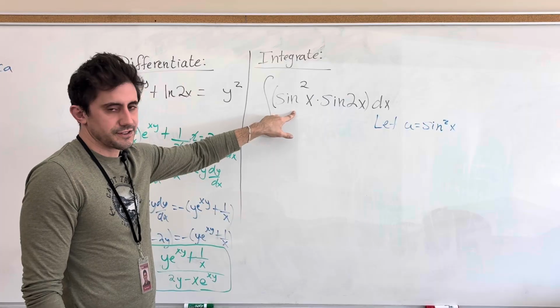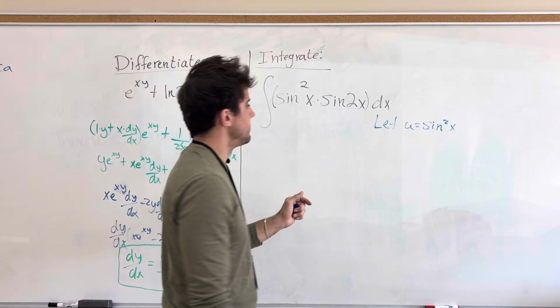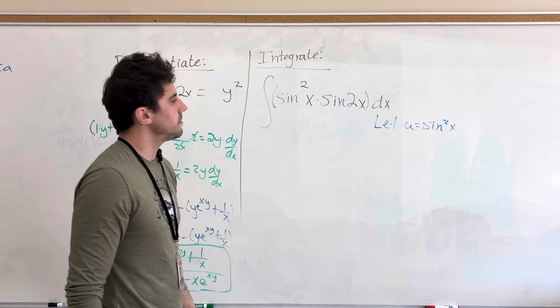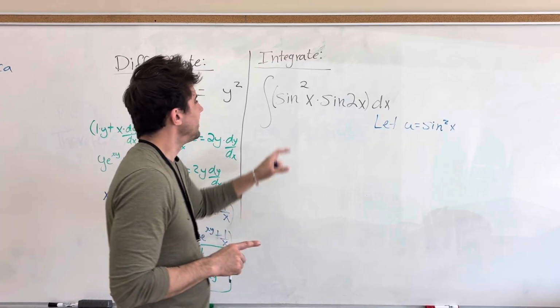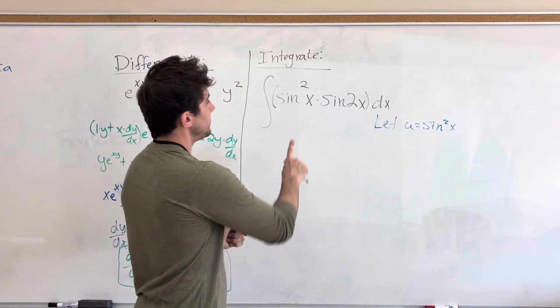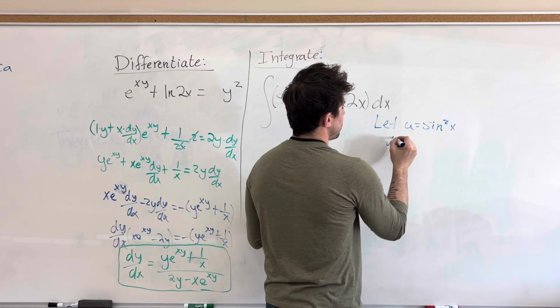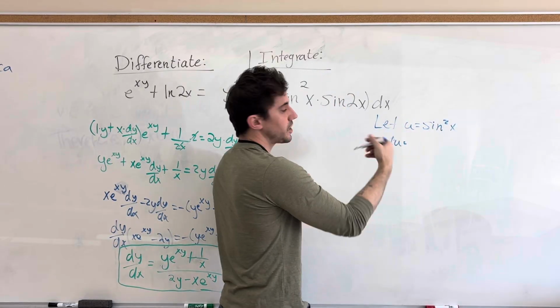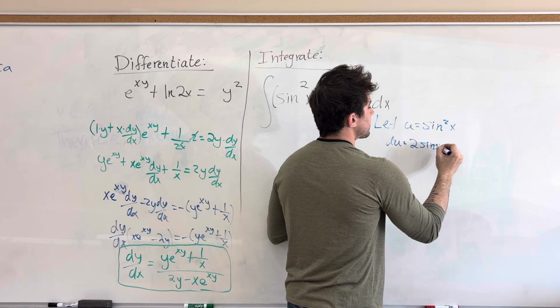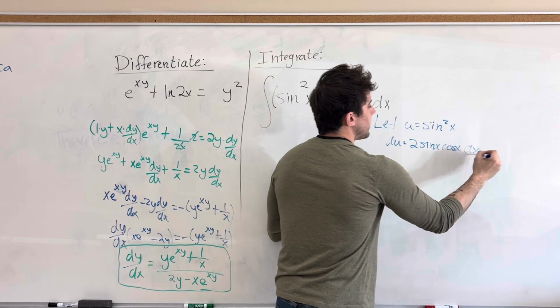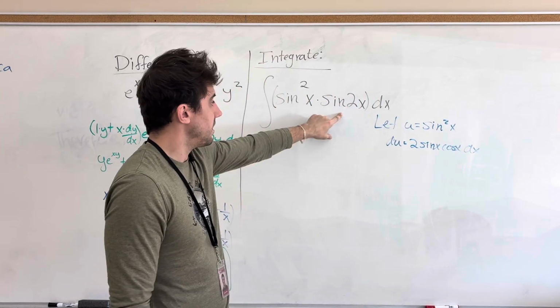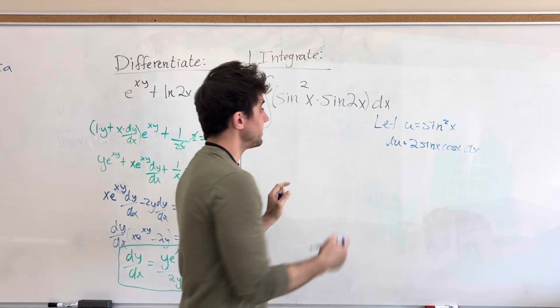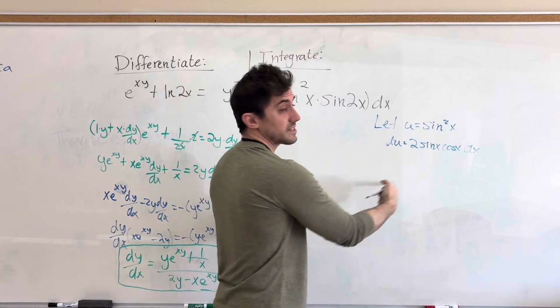You can try it, it's just not quite going to work out. Actually, maybe it will. Maybe we'll try that way after. I was thinking of letting u be sine squared of x, because that would make du, using the chain rule, 2 sine x cos x dx. And if you'll remember, sine 2x as a trig identity is exactly 2 sine x cos x.